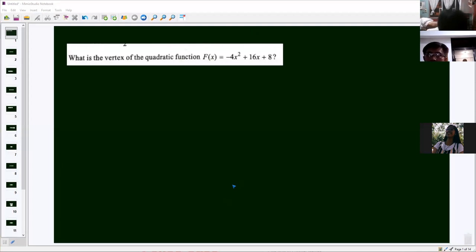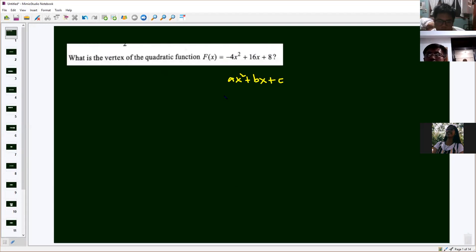Okay, so some have sent answers. They're different, no? Let's see. Who has 2.8 and 2.24? Now, you're given the form ax squared plus bx plus c.